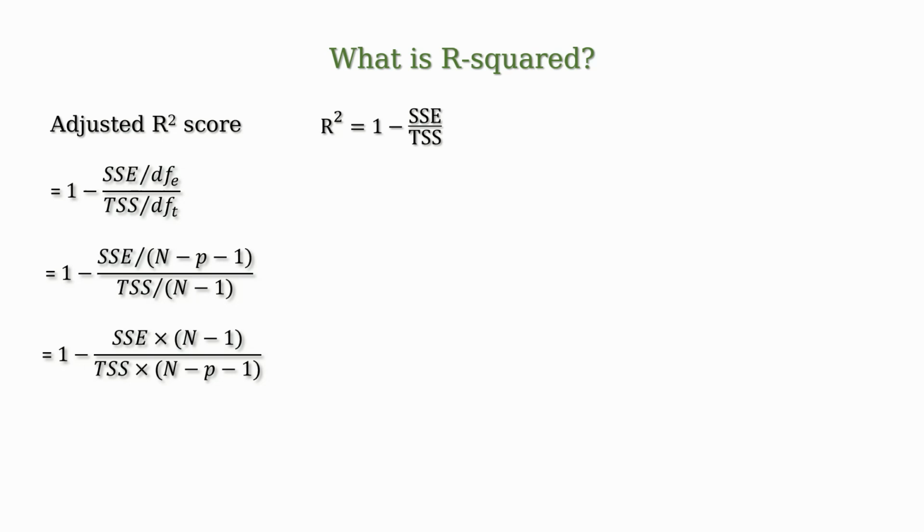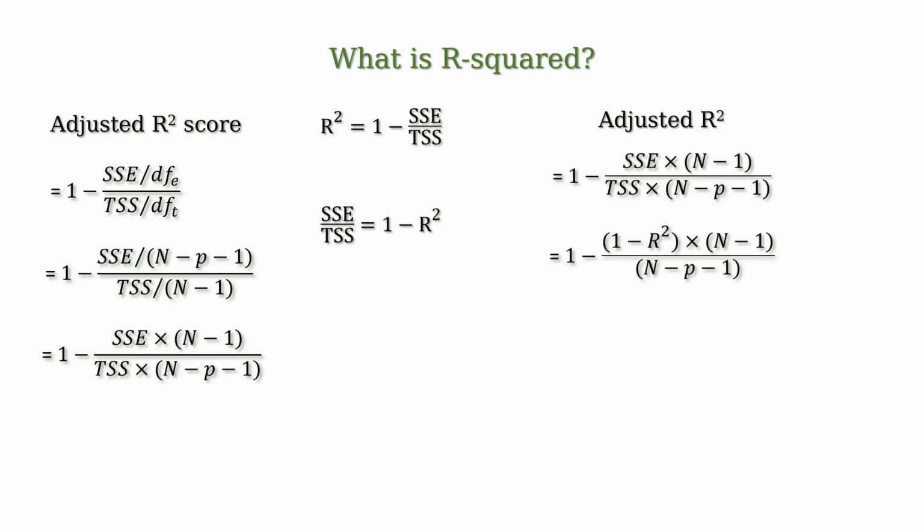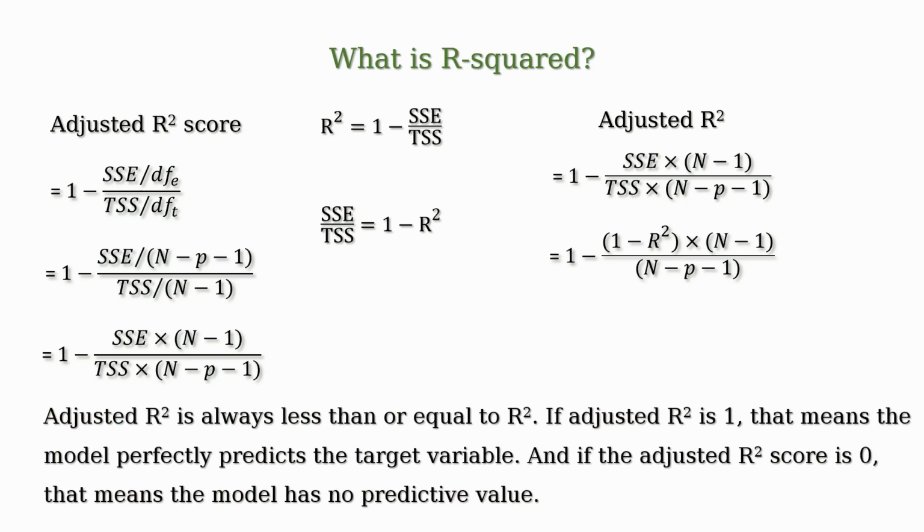So, SSE by TSS is equal to 1 minus R square. Hence, the adjusted R square score becomes 1 minus (1 minus R square) into (n minus 1) divided by (n minus p minus 1). Adjusted R square is always less than or equal to R square.